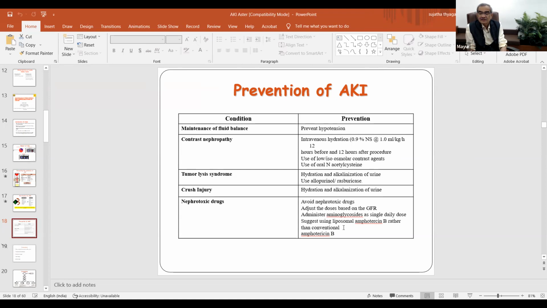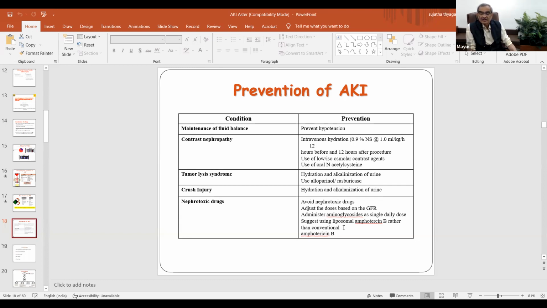In tumor lysis syndrome, there is a role for hydration and alkalinization of urine, and use of drugs such as allopurinol. In patients with crush injury, with a tubular block, for example, myoglobinuria, there is a role for hydration and alkalinization of urine.